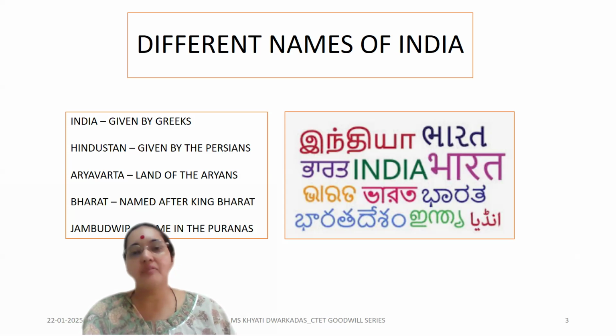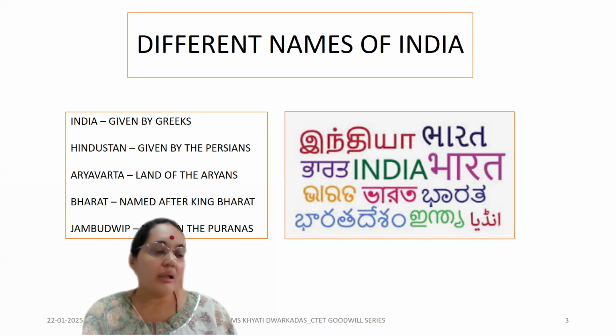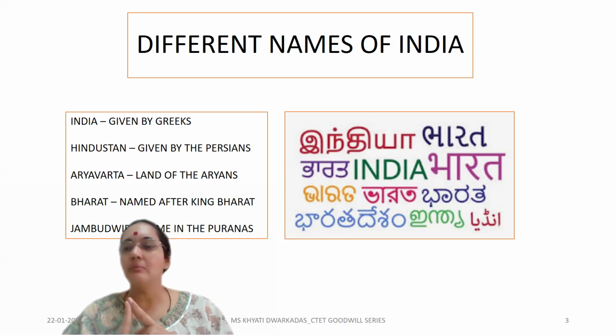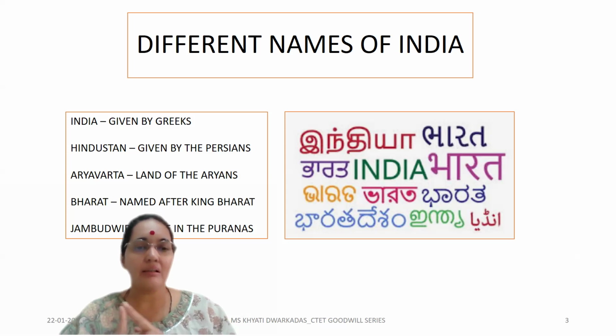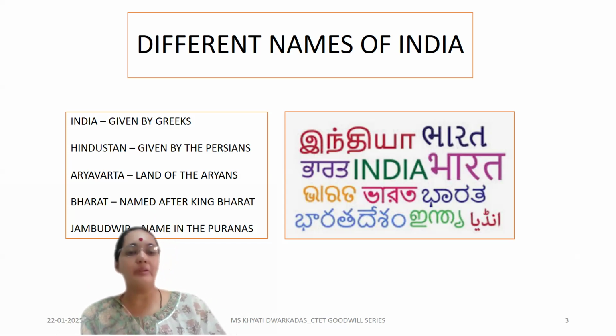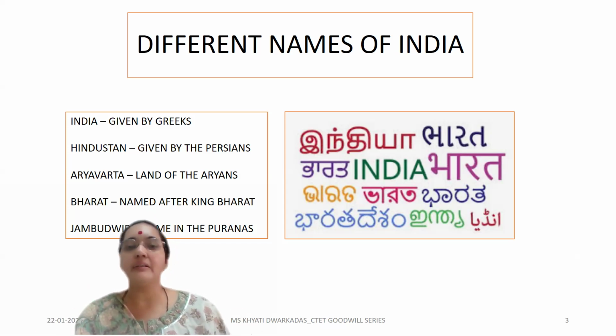Bharat is named after King Bharat. And there's one more name that we find in the Puranas, which is called Jambudvip. And all of these are names of India. So we have India, which is given to us by the Greeks, Hindustan by the Persians, Aryavart, or the land of the Aryans, Bharat, named after King Bharat, and Jambudvip, the name that we find in the Puranas.